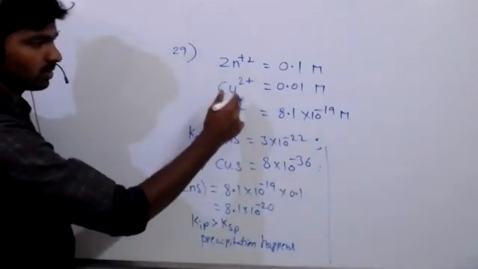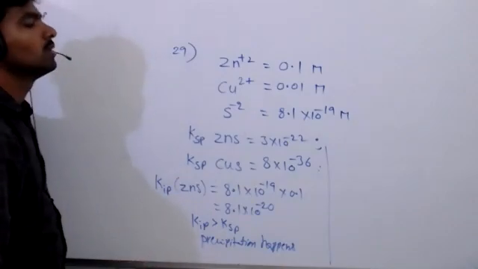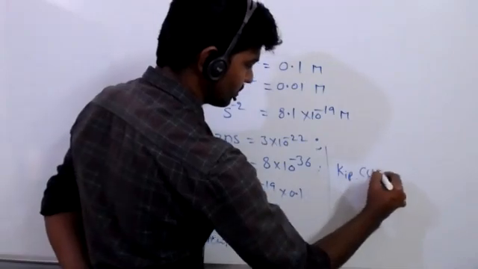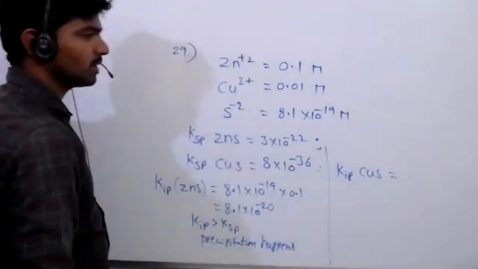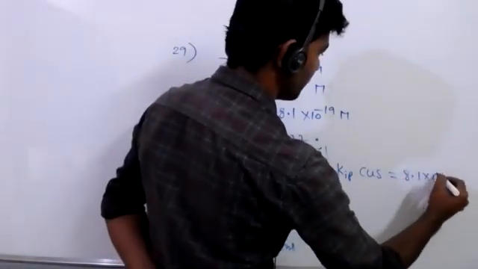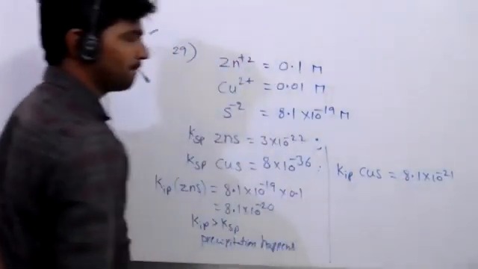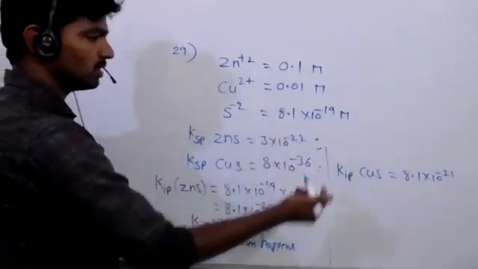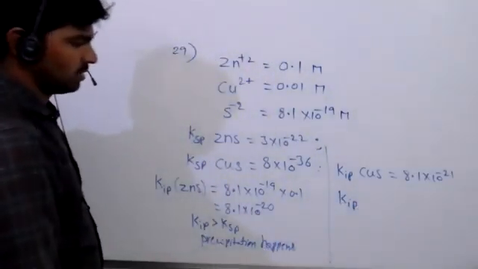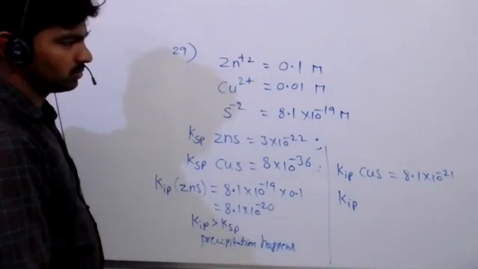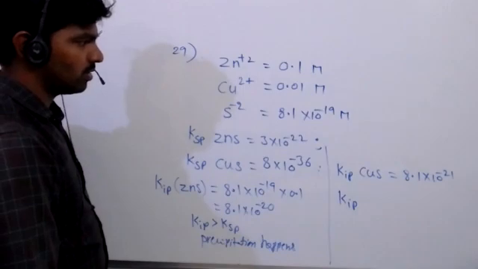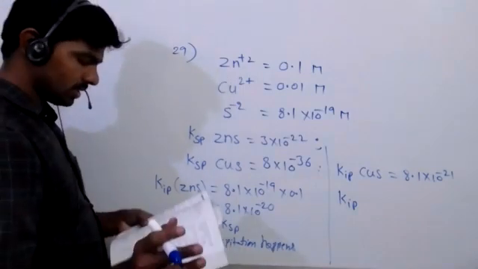Next, copper sulfide. Copper is 0.01, multiplied by 8.1 × 10^-19, giving 8.1 × 10^-21. This ionic product is also still bigger than the solubility product.